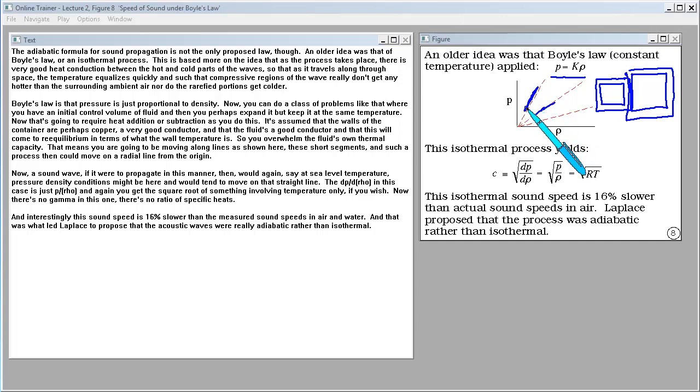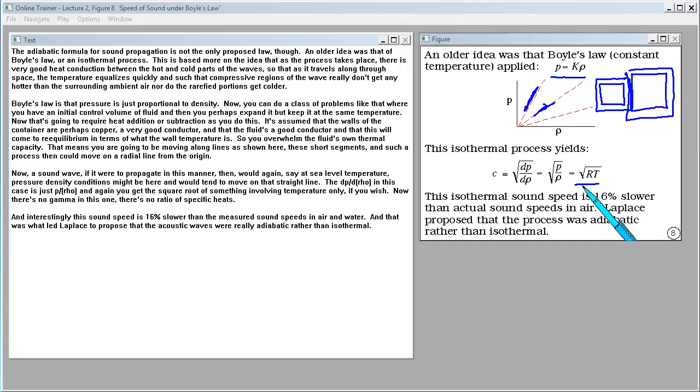Now a sound wave, if it were to propagate in this manner, would, say at sea level temperature, pressure, density conditions might be here, and would tend to move on that straight line. The dp/d rho in this case is just P over rho, and again you get the square root of something involving temperature only if you wish.